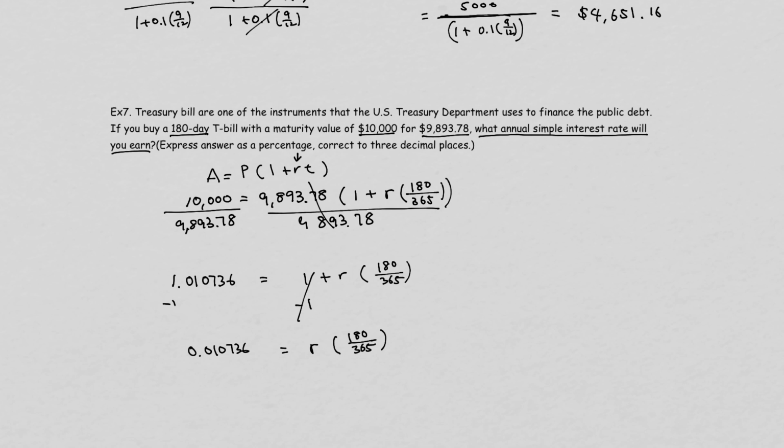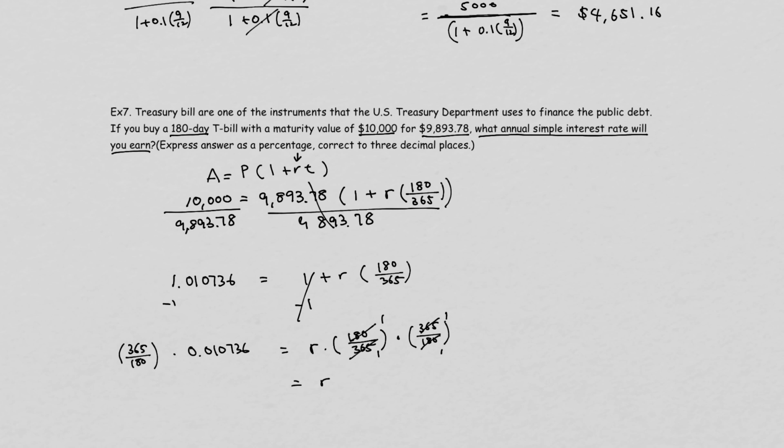The other side is going to be 0.010736. In order to isolate r, you're going to multiply both sides by the reciprocal, 365 over 180, and do the same thing on the other side. That way the numerator and denominator cancel out in our multiplication, and this is going to be 1. So you will only have r on the right side.